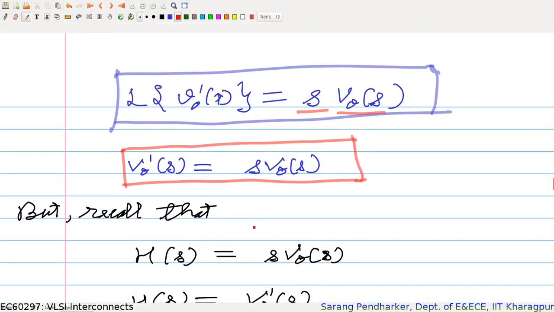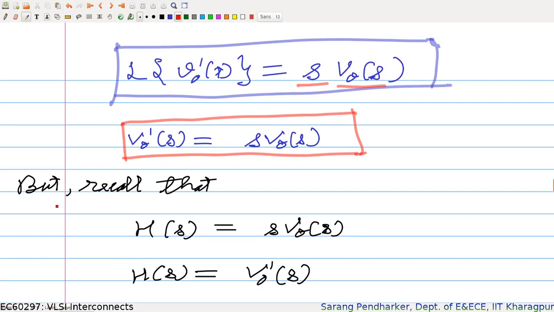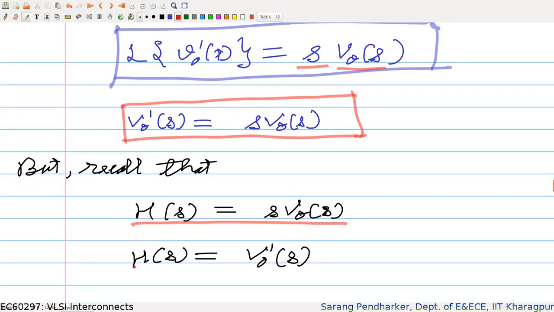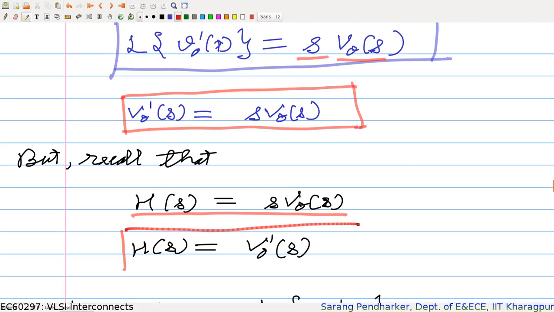Yeah, so I think I have written it here. If you recall, V out of S is this. So your H of S is nothing but the Laplace transform of the time derivative of your output voltage.